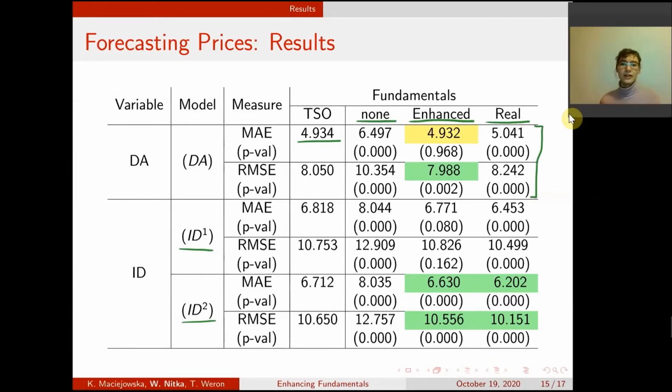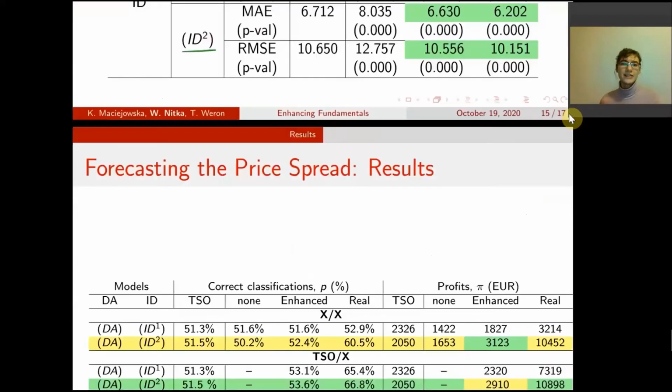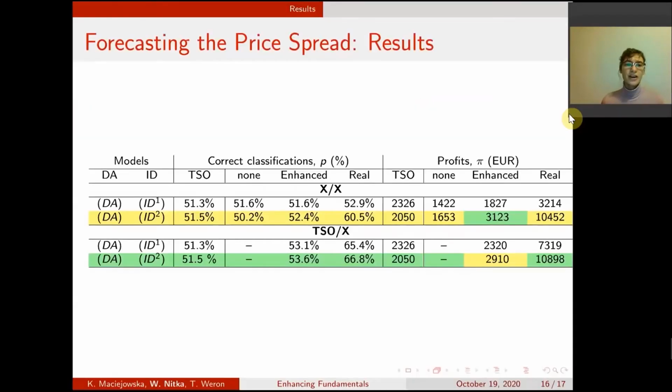And knowing this, we can move on to forecasting the price spread, where we had to differentiate between 2 different approaches to this forecast. The first one takes the prediction with the fundamentals coming from our models for both intraday and day-ahead market.